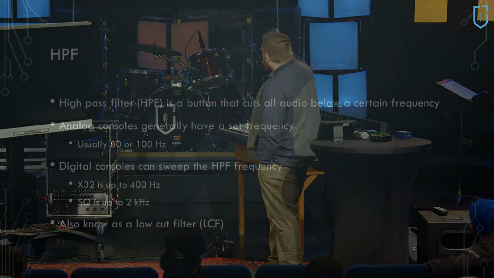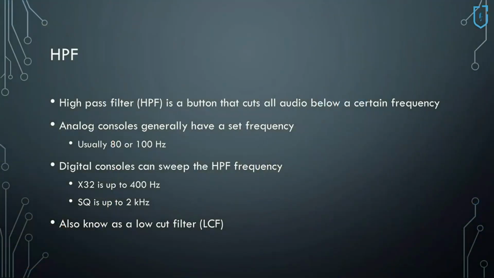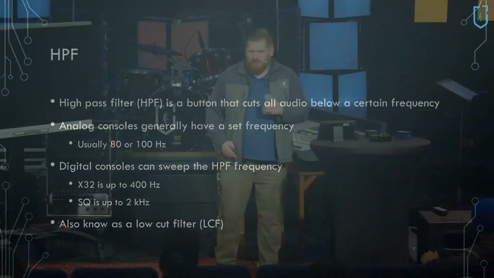High pass filter, or a low cut on some consoles. On an analog console, the cheaper ones, it's generally just a button set at 80 or 100 hertz. Turn it on for absolutely everything except your kick drum, bass, and keyboard, maybe piano. Everything else you want it on. These mics don't care that they're a vocal mic. They pick up everything.